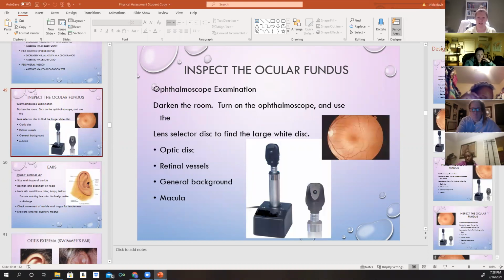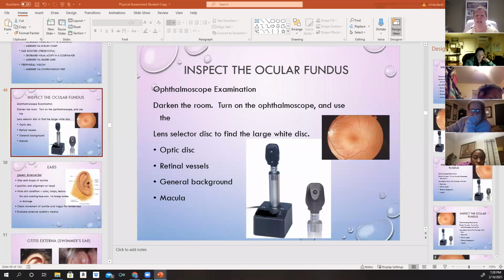This is an ophthalmoscope, which is what you use to do an examination. We don't do this as nurses. I've never done this. I've never seen a nurse do this. Maybe if you work for an ophthalmologist, that could be your scope of practice. It's definitely not mine in the hospital. You would make sure that the room is dark.